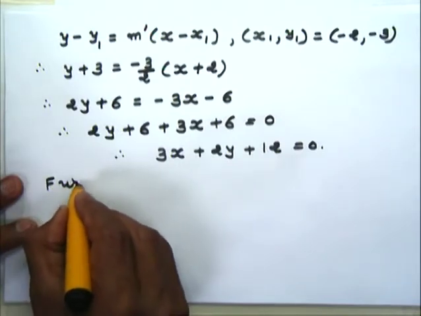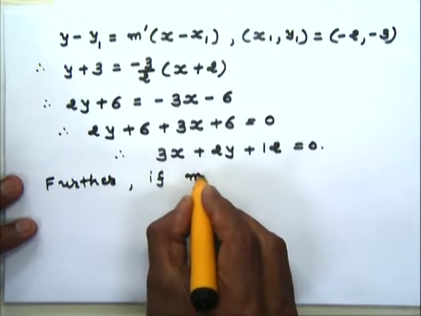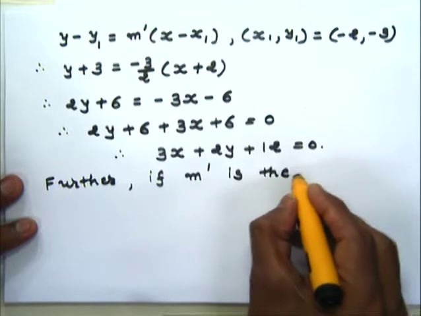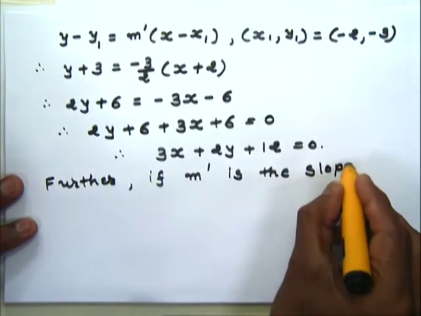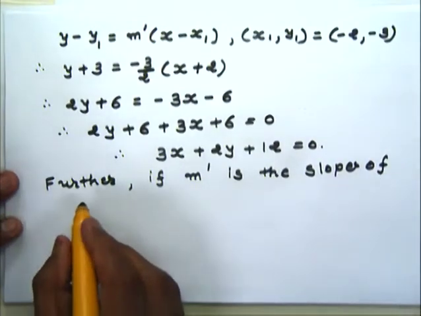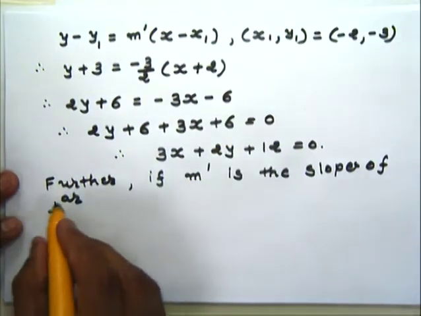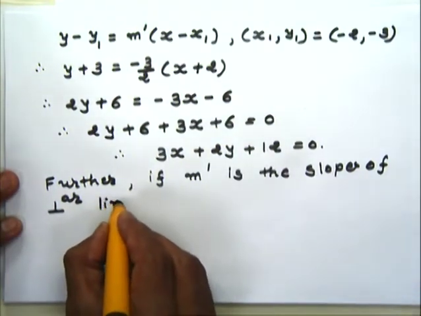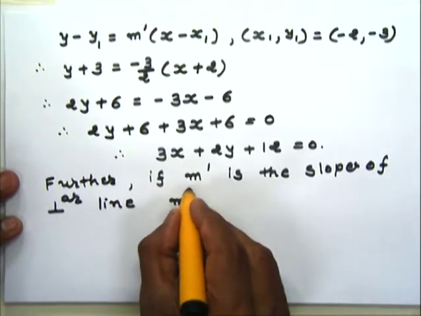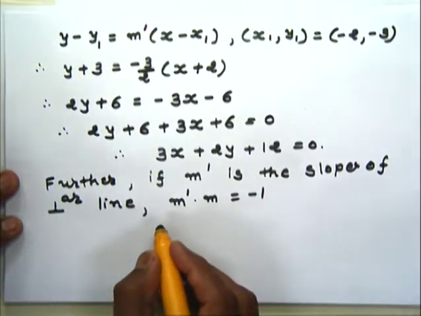If m dash is the slope of the line perpendicular to the given line, then we know that m dash into m must be minus 1 as they are perpendicular.